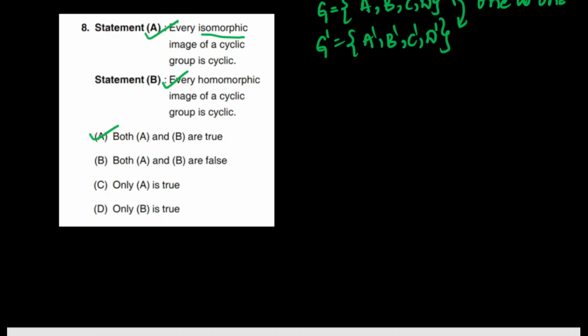Let us proceed to the next question. What we have? A one-to-one mapping of a finite group onto itself. Onto itself means it is an automorphism. From the definition, a one-to-one mapping means isomorphism. Many-to-one means homomorphism. One-to-one, not necessarily onto, is monomorphism. What is automorphism?